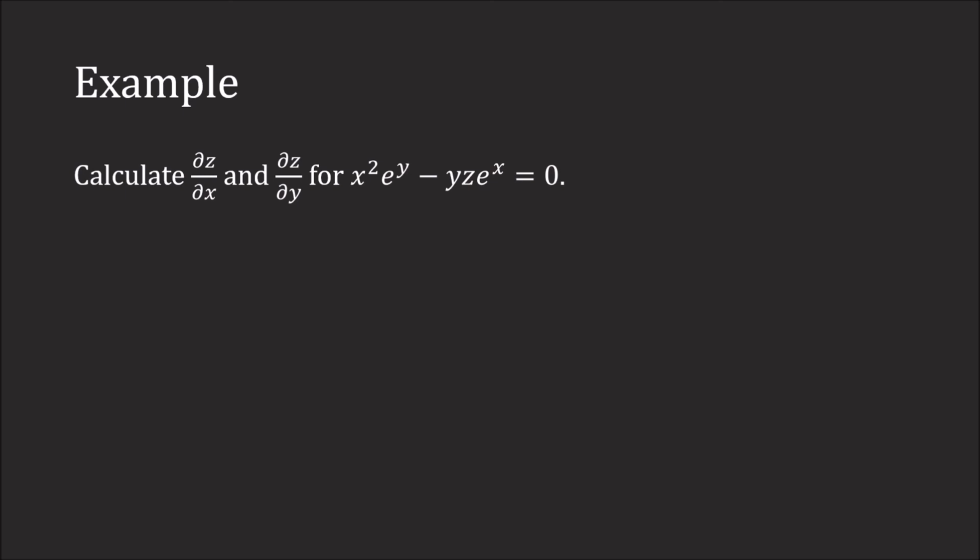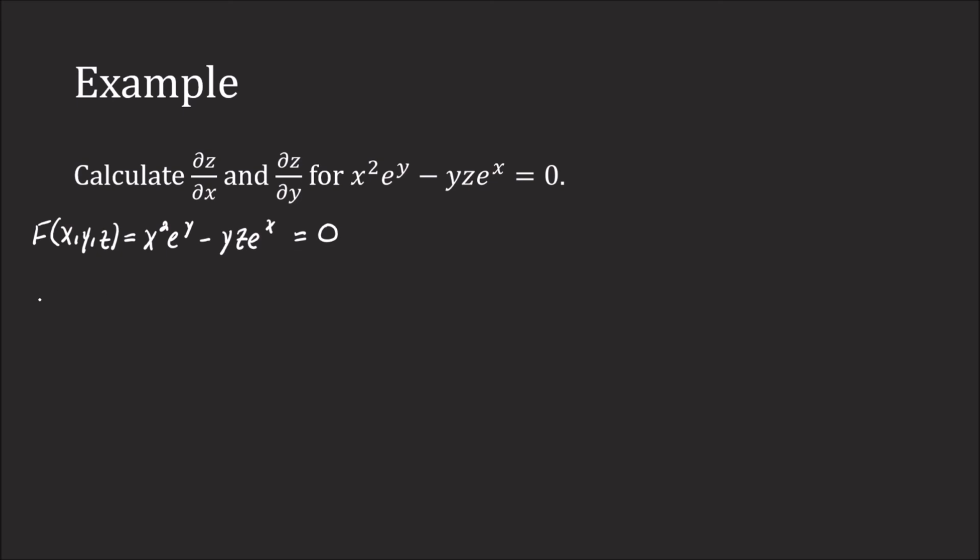It's already written equal to 0, so our function of x, y, z is x squared e to the y minus yz e to the x. And just for clarity, I'm going to put that equal to 0 there.